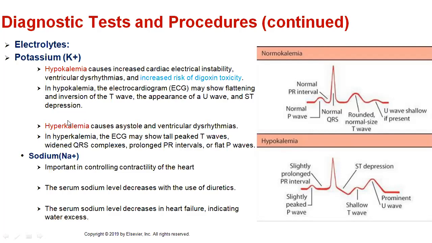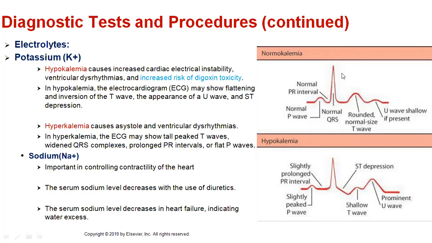But in most cases of hypokalemia or hyperkalemia, the patient develops cardiac dysrhythmia or cardiac arrest, muscle weakness, or paresthesia and numbness. In case of hyperkalemia, we can find a peaked T wave and also a very wide QRS complex.